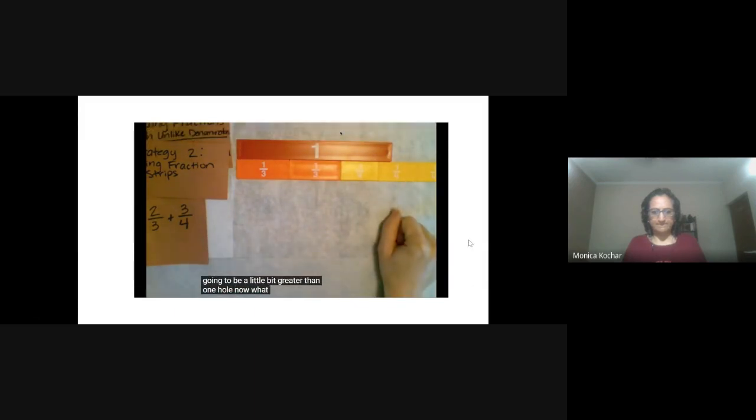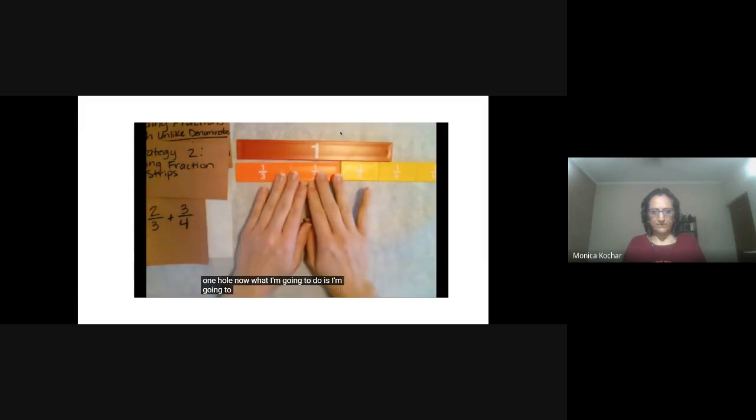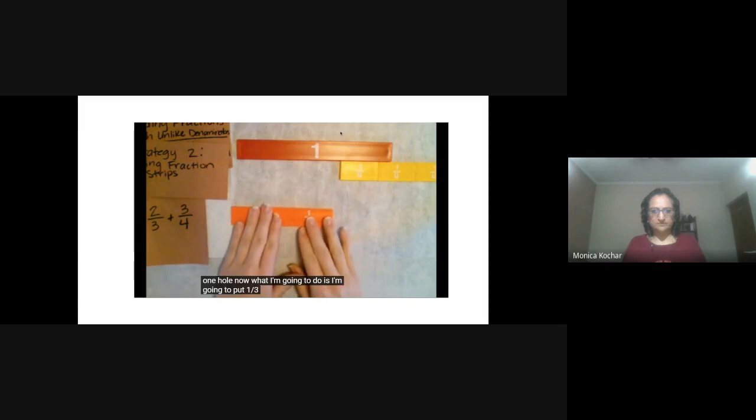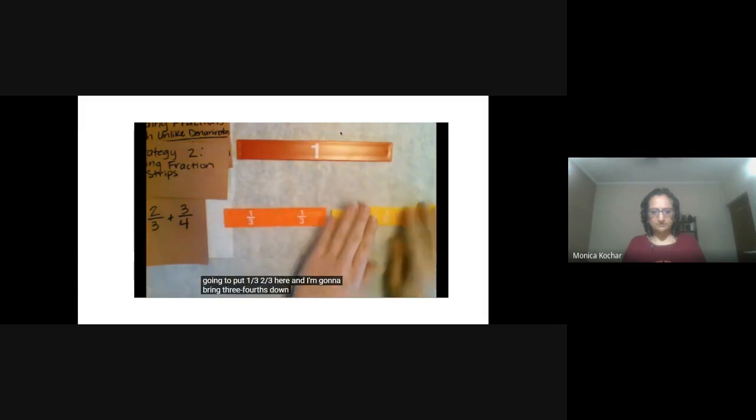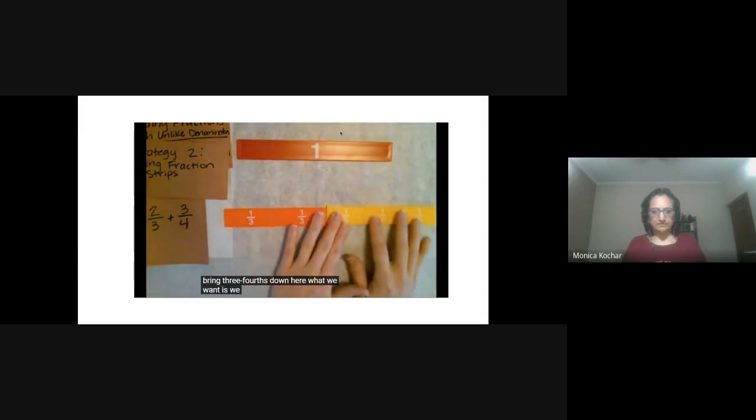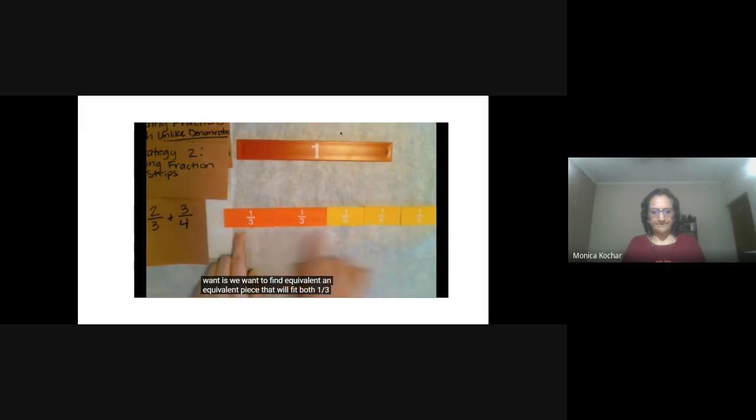Now, what I'm going to do is I'm going to put 2/3 here, and I'm going to bring 3/4 down here. What we want is we want to find an equivalent piece that will fit both 1/3 and 1/4.